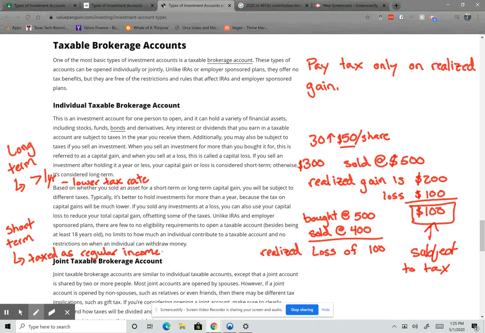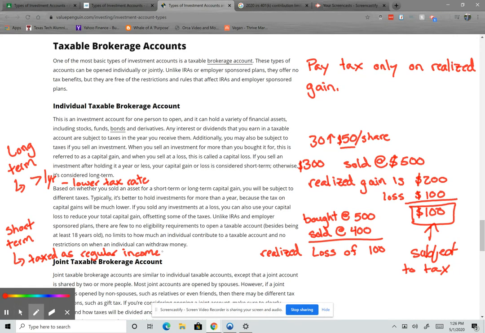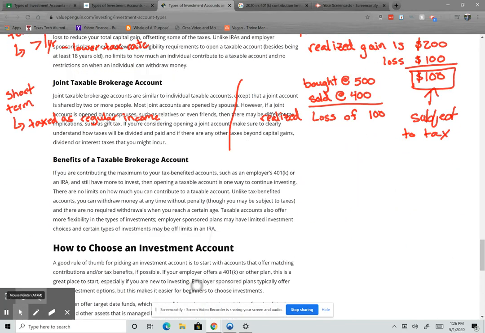We've all heard of people dabbling in the foreign exchange market, using forex and buying and selling currencies. I hope they're paying tax on that and keeping track of their records, because if they did that for 2019, they have to pay taxes on it this year. They're not digging themselves a hole by not keeping records here. Okay. Anything else I want to talk about? No, y'all can read through that.